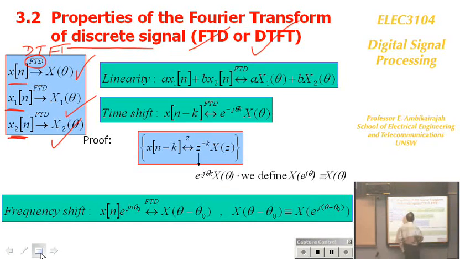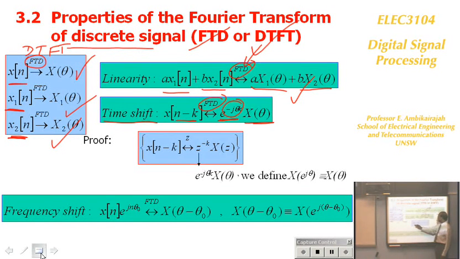So the linearity property says, again, you don't need to prove the properties, A x1[n] plus B x2[n], if you take the discrete-time Fourier transform, it will become A X1(theta) plus B X2(theta). That's one property. The time shift property says if you delay your signal in the time domain, in the frequency domain what happens is it gives you an exponent e to the j theta k, that's a phase, multiplying X(theta).